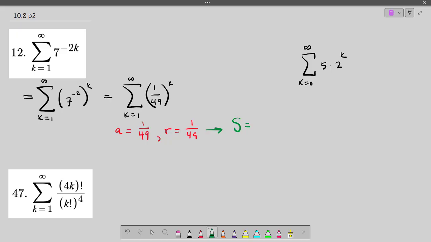On the test, I'll ask you to find the sum if it's a geometric series. So the formula for geometric series is a over 1 minus r. So in this particular case, we're going to have 1/49 over 1 minus 1/49. And if I multiply everything by 49, we will end up with a sum of 1/48. So that will be the sum of the series.